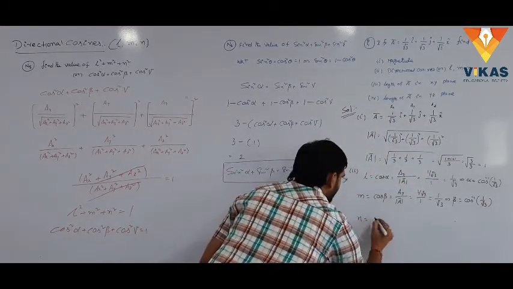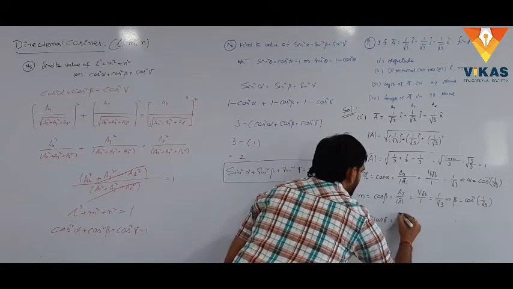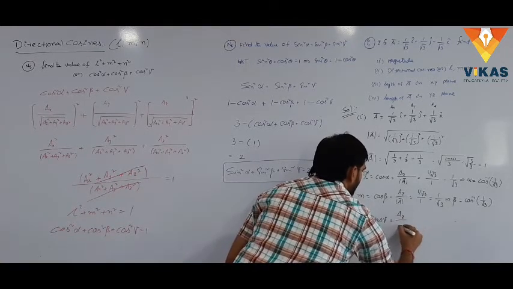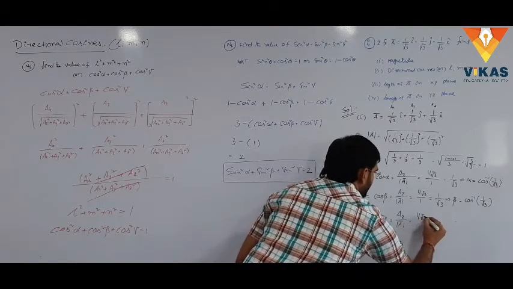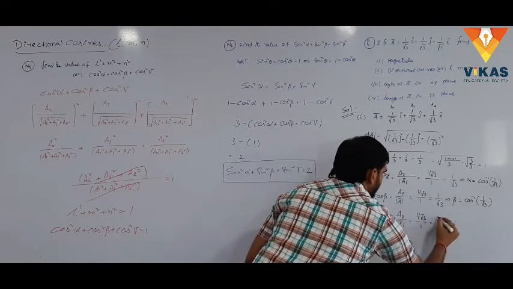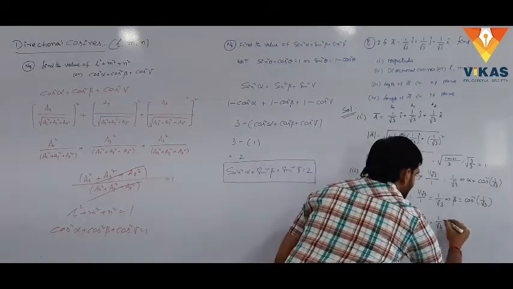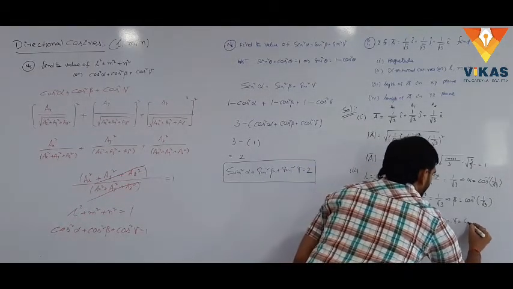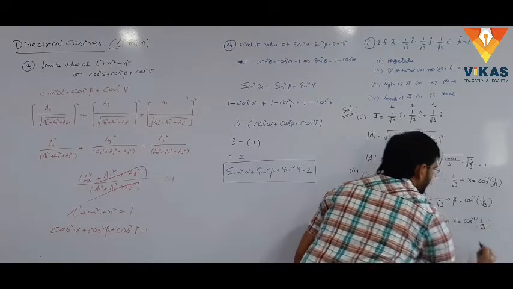Simply n equal to cos gamma is equal to Az by a bar modulus. Here Az value is 1 by root 3 by 1. This is 1 by root 3. Simply the cos gamma is 1 by root 3. Gamma equal to cos inverse of 1 by root 3.